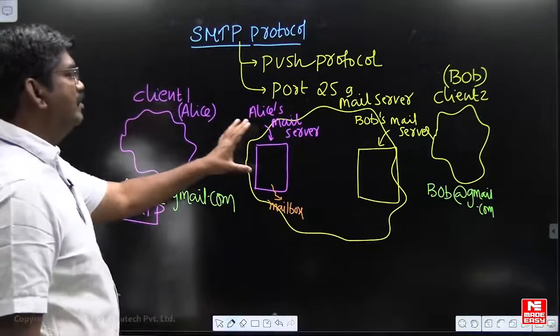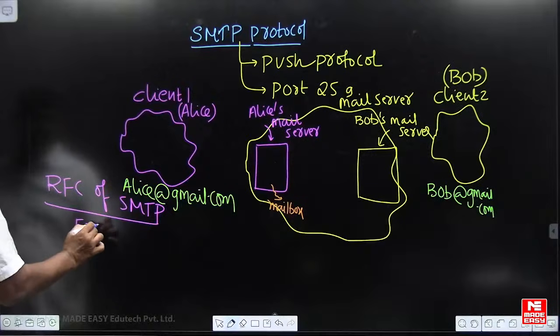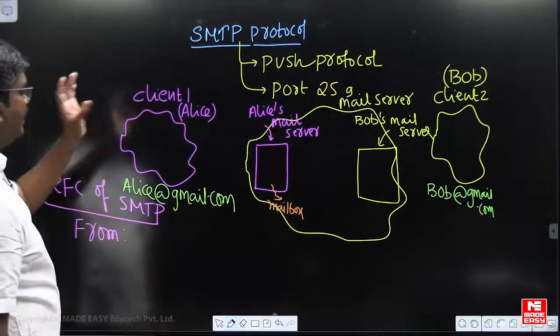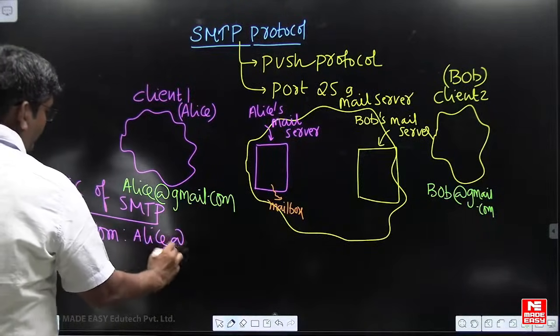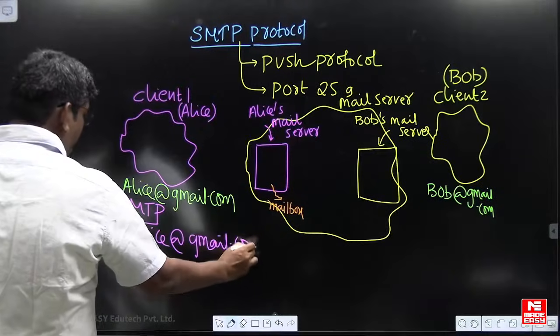Now this client wants to send a mail. The syntax of the RFC tells that first it should be From colon. From means this client is sending the mail, so we can say this is Alice@gmail.com.